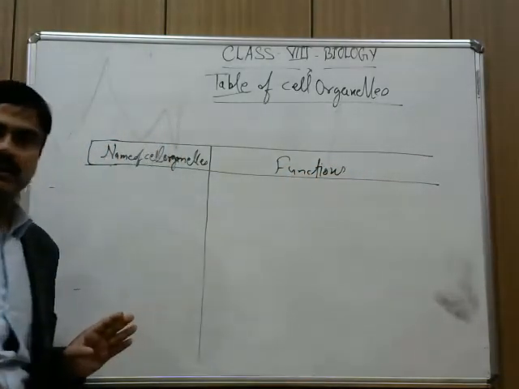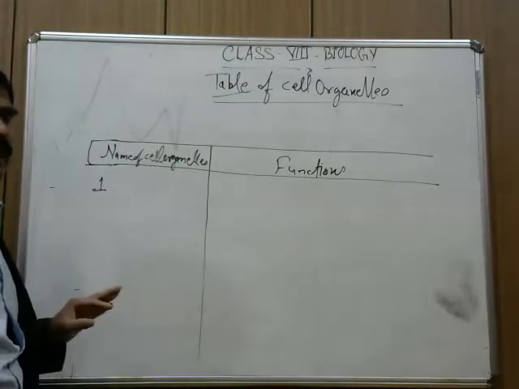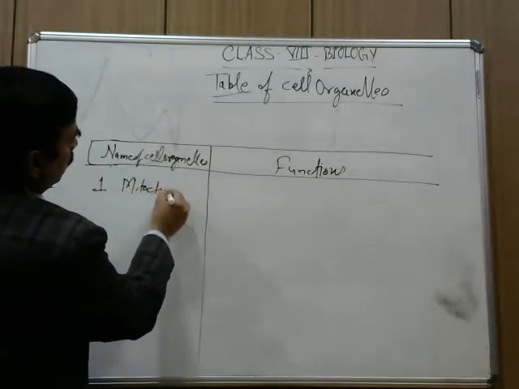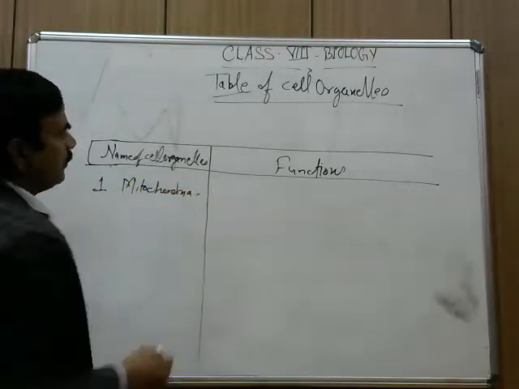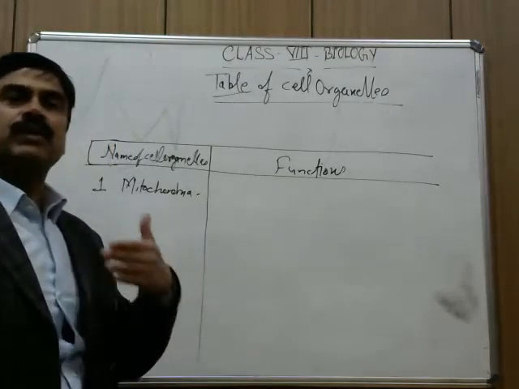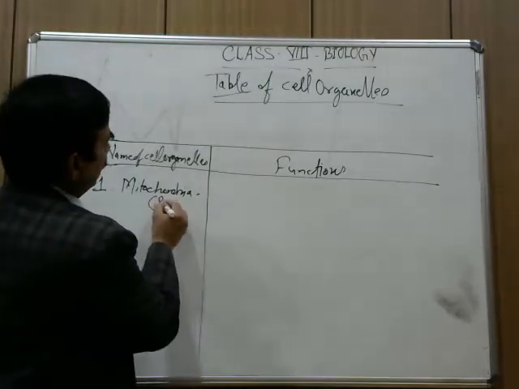Got my point? Number 1. So write mitochondria: produces energy, responsible for producing the energy. You can also write powerhouse.